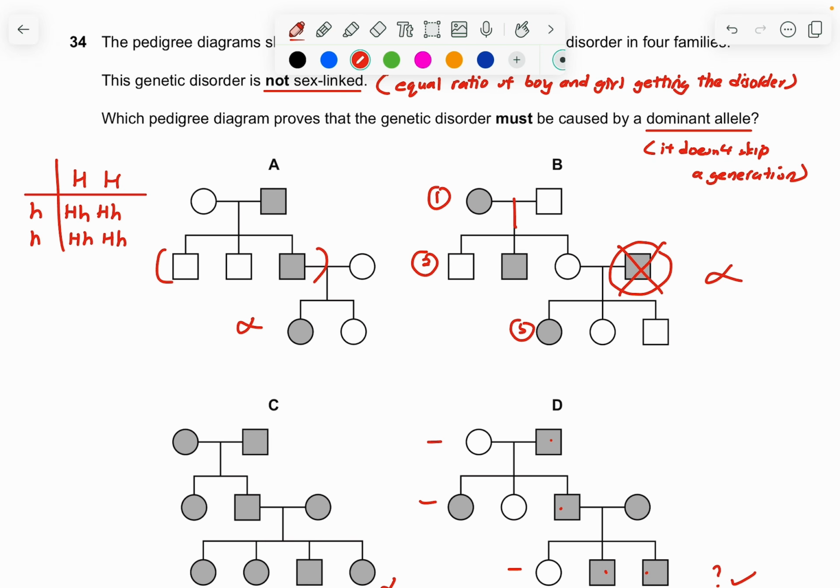It should be all of them, or it could be this. This one for me is not really suitable because it has to be a mix of it.